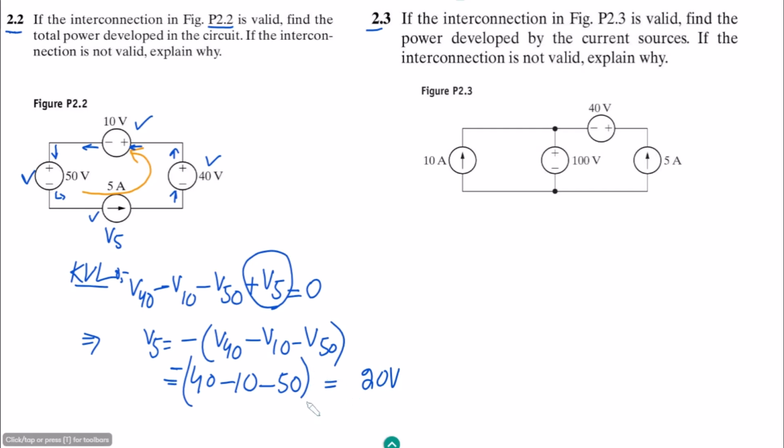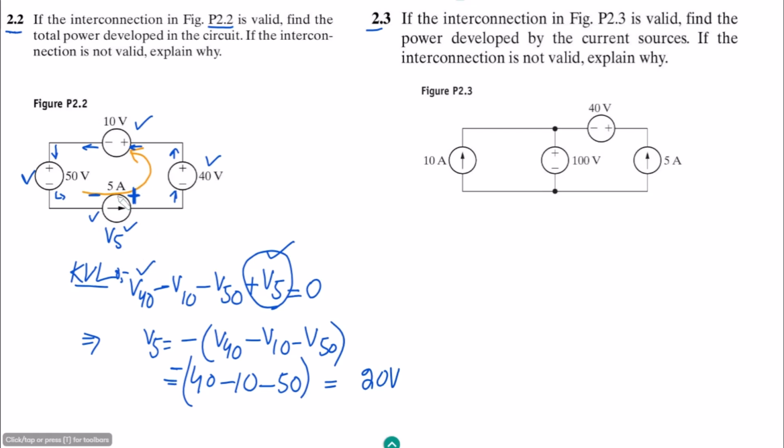What does this positive 20 volts mean? Positive 20 volts means that the polarity we have taken for this V5 is correct, and the polarity we have taken for it was similar to V40, because both of them are the positive ones. So this is now negative here and positive on this side. So this is the polarity of it.